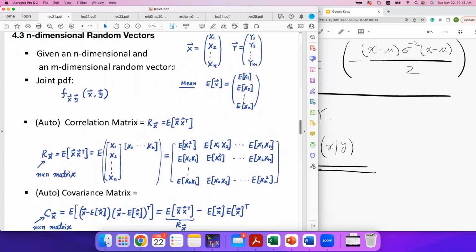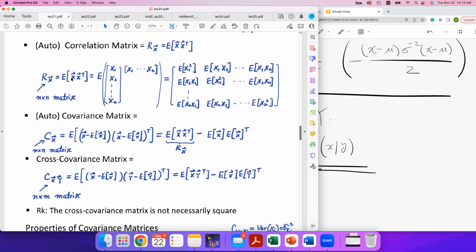So we start with random vectors. We define the correlation and covariance matrices of random vectors, which are basically a collection of the pairwise statistics. We use matrix-vector notation to simplify the notation, and this is the power of linear algebra.